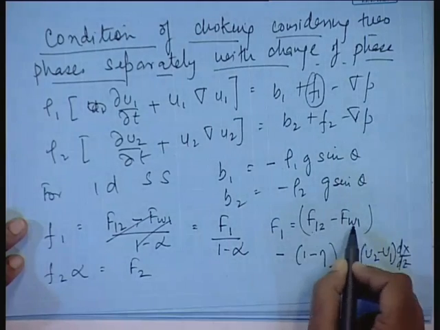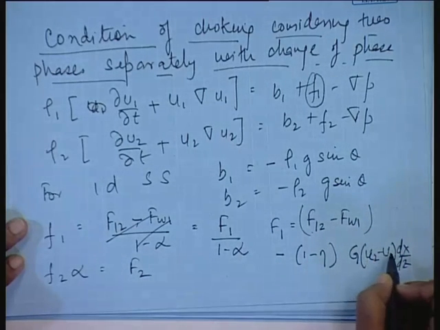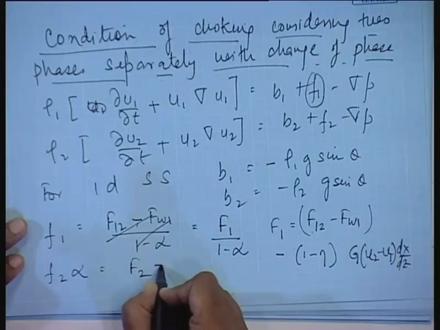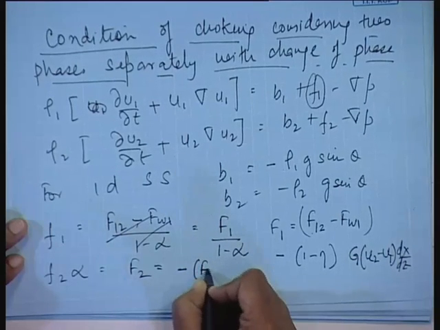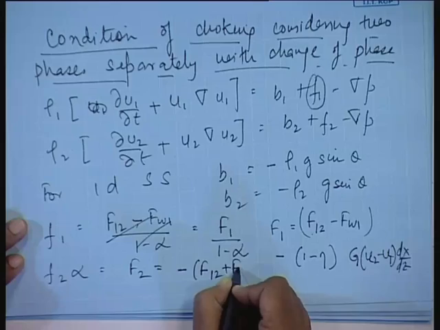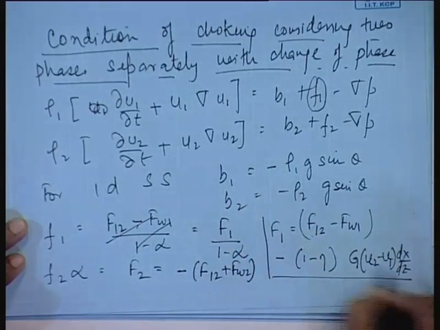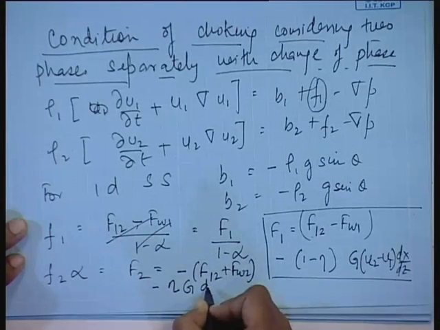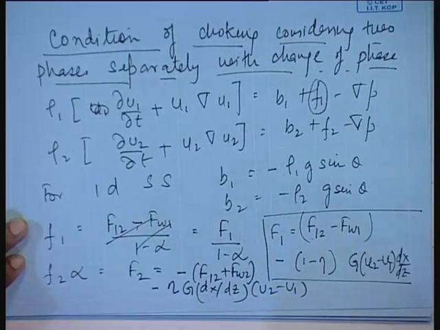Remember those things? So, therefore, we find F1 equals F12 minus Fw1 minus of 1 minus eta into G (U2 minus U1) dx dz. The same way we can write F2, this is equal to minus of F12 plus Fw2 minus eta G dx dz into (U2 minus U1).